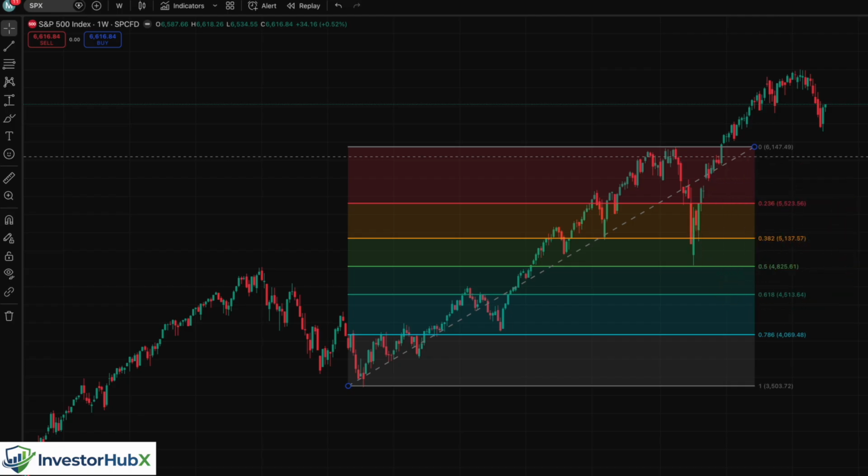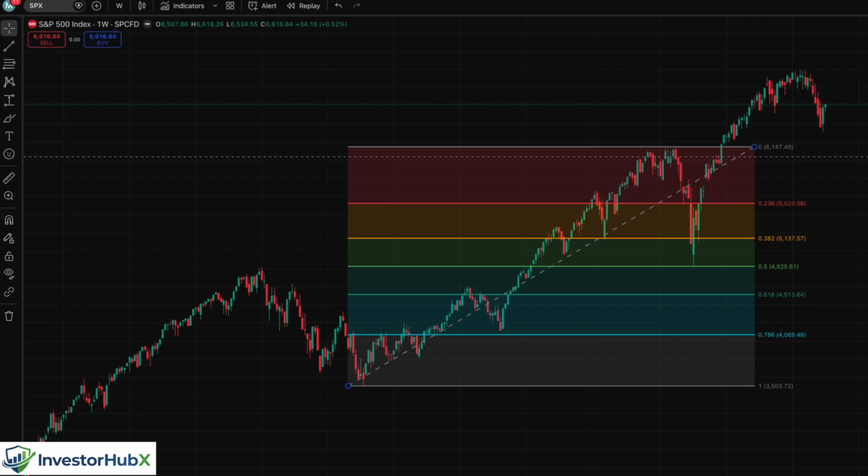To apply Fibonacci retracement in an uptrend, start by identifying the lowest point of the move, the swing low. Then, click on that point and drag the Fibonacci tool all the way up to the highest point, the swing high. Once applied, you'll start to see the key retracement levels appear on your chart. And notice this: price doesn't just move randomly.